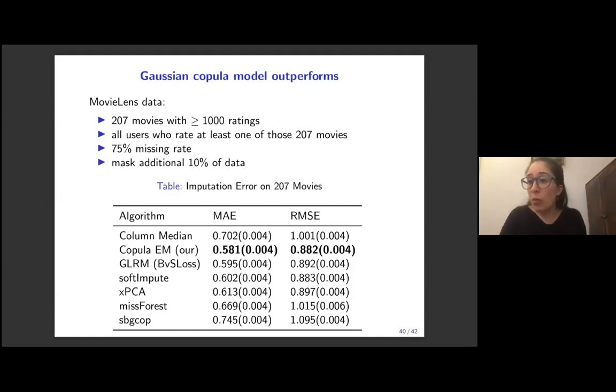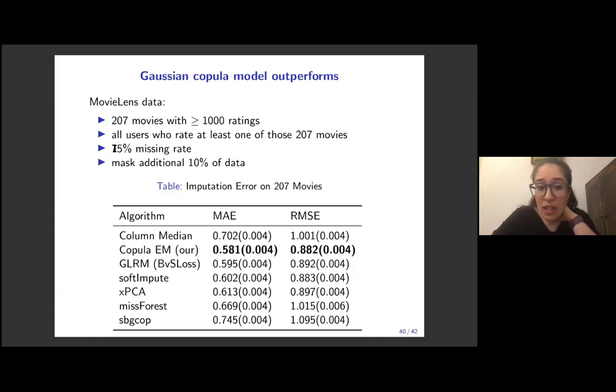The rating is either 1, 2, 3, 4, or 5 stars. We took a subset of that data set that consisted of all 207 movies that had at least 1,000 ratings, and every user who rated at least one of those 207 movies. This was, I think, 10,000-ish users. So a very skinny data set.